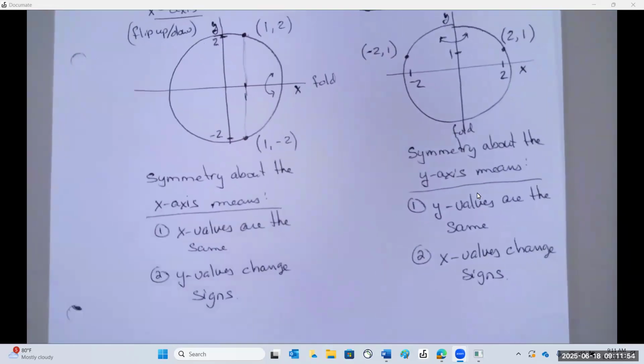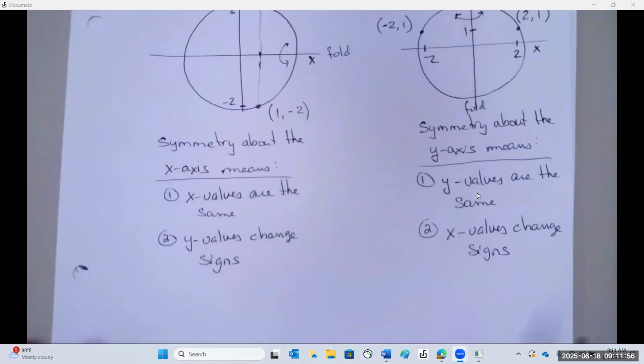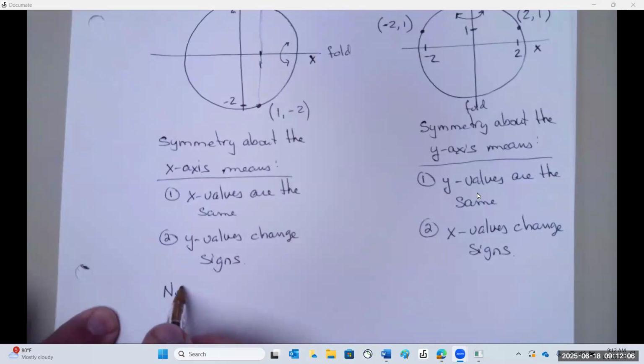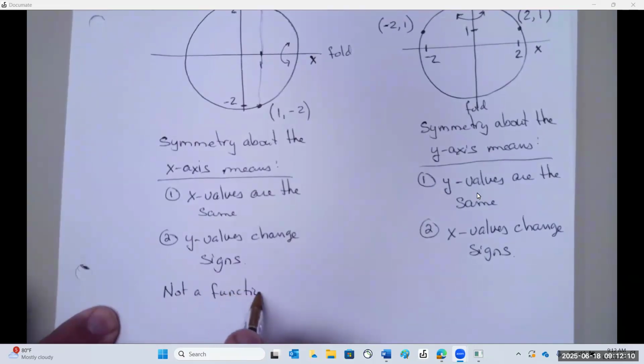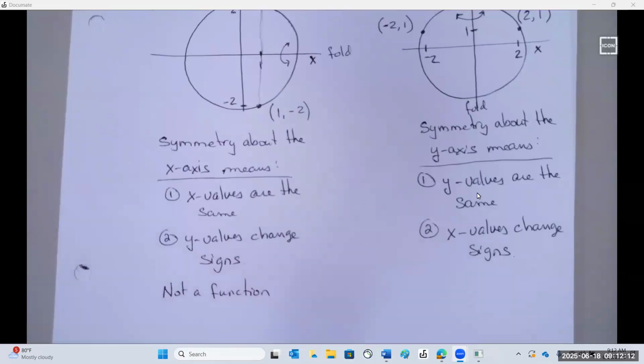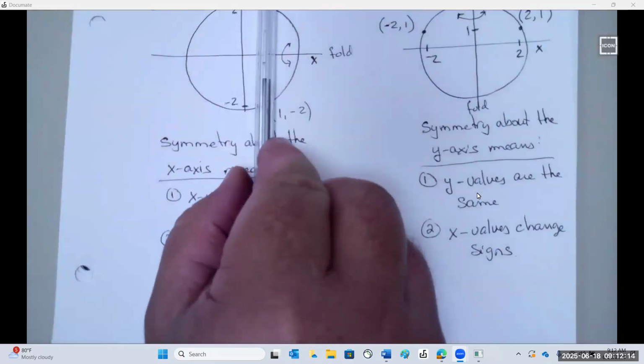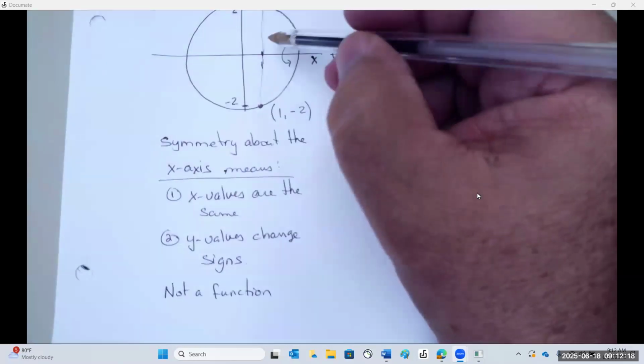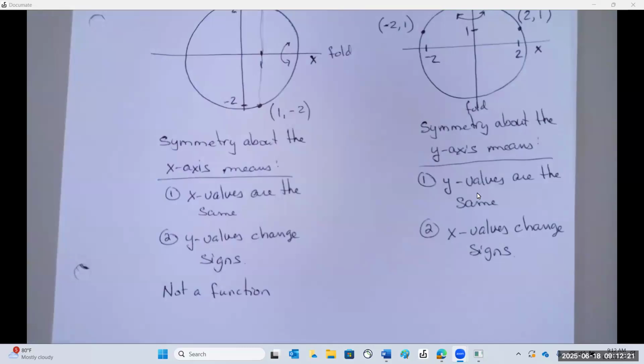Now, actually, what else can we say about these? Is this going to be a function? Because remember, a function has a vertical line test. You cannot have 2 y's for the same x. It has to be 1 to 1.